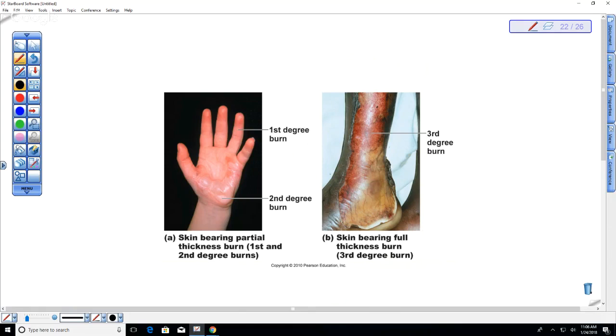So they give them high amounts of protein. Obviously, they give them fluids because they would be losing a lot of fluid across that surface. And then they have to be careful of infection, so they have to give them antibiotics. Okay. Your textbook talks a little bit about how to treat third-degree burns in particular.